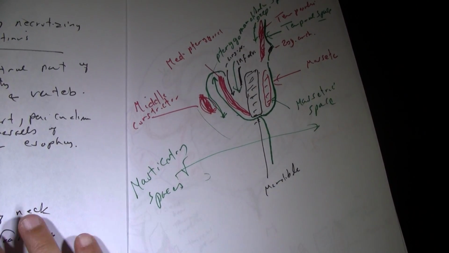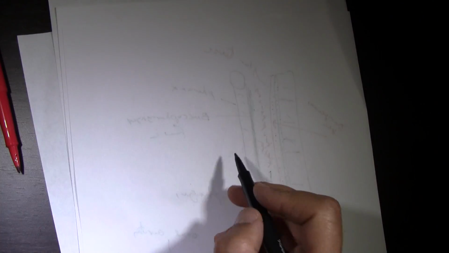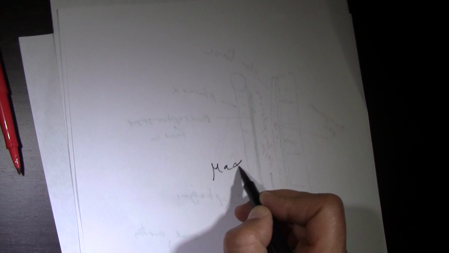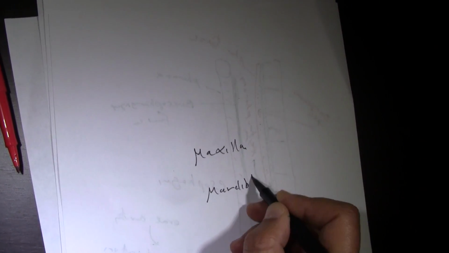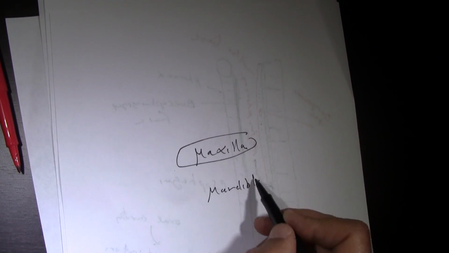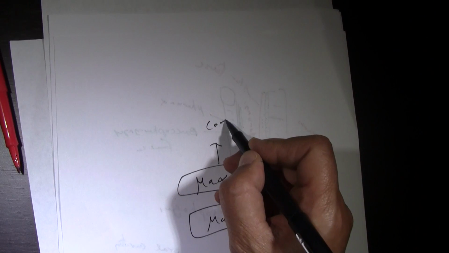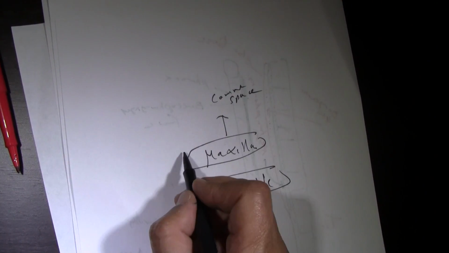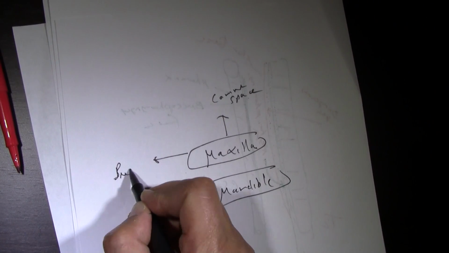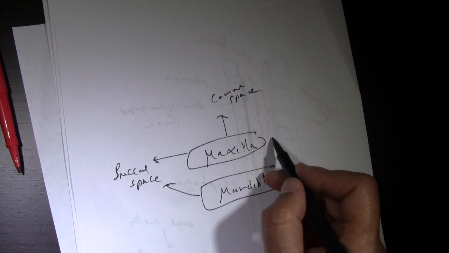So now we understand, if we have infection in the maxilla or mandible, maxilla can go to canine space, it can go to buccal space, mandible also can go to buccal space.